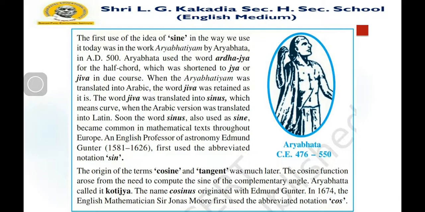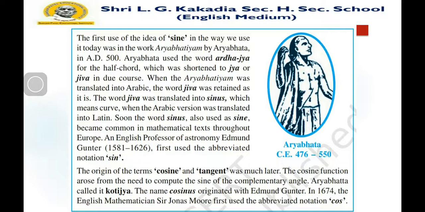The origin of the terms cosine and tangent was much later. The cosine function arose from the need to compute the sine of the complementary angle. Aryabhatta called it kotijya. The name cosinus originated with Edmund Gunter in 1674.